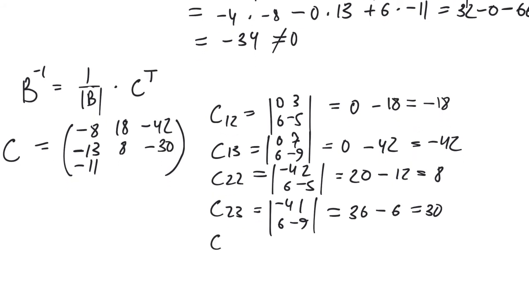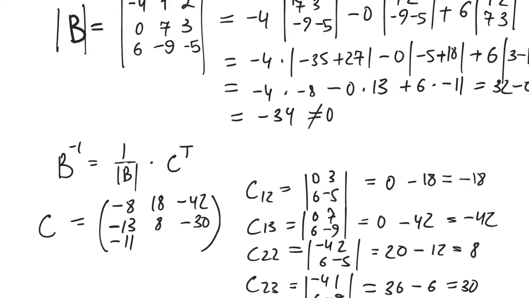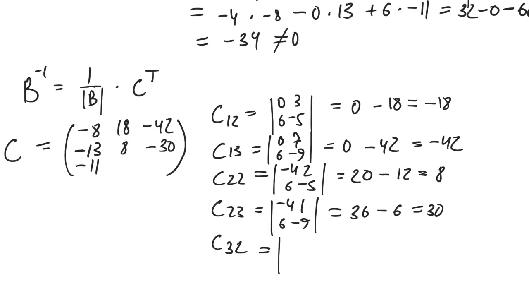Now C32 is the determinant of -4, 2, 0, and 3. -12 minus 0 equals -12.